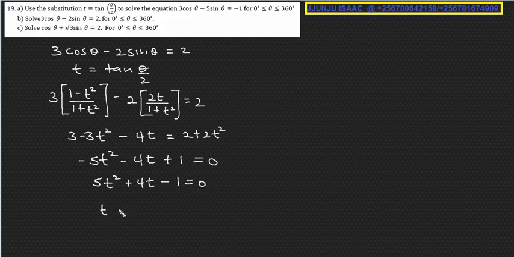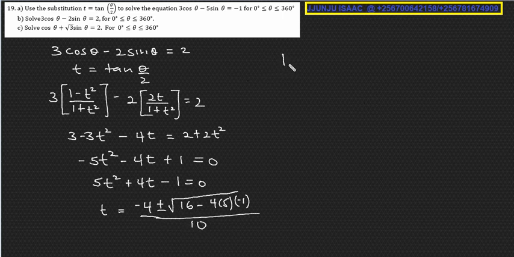So t is going to be equal to negative b plus or minus the square root of b squared, which is 16, minus 4ac, that is minus 4 times 5 times negative 1, divided by 2a. 2a is 2 times 5, which is 10.